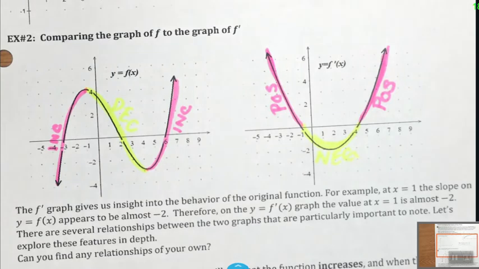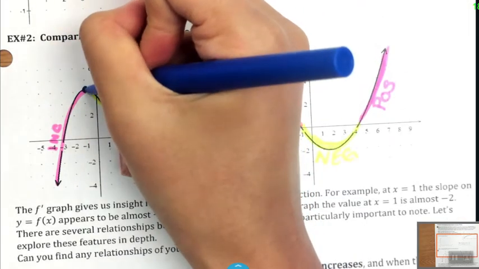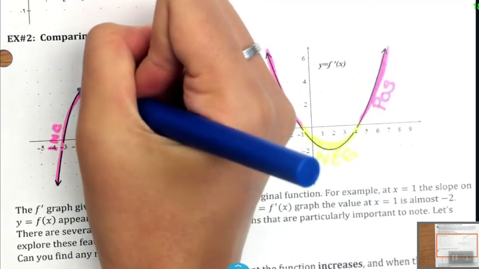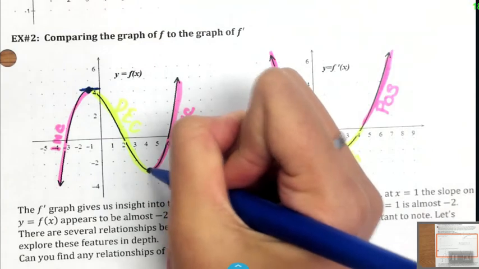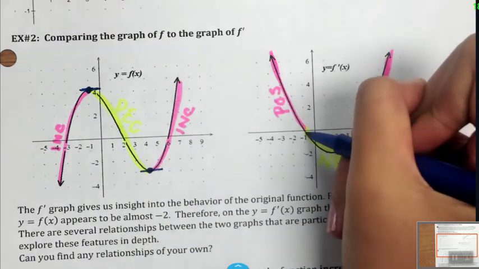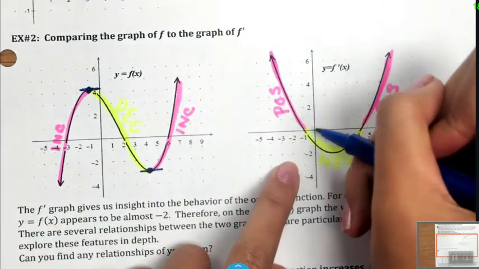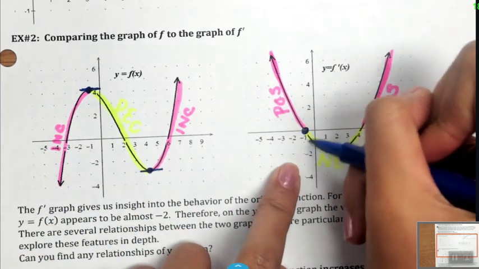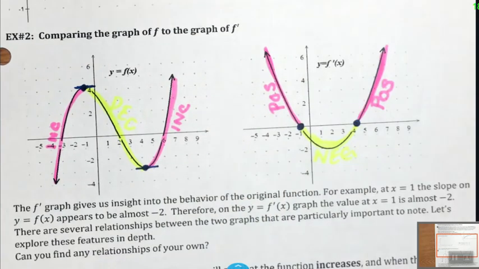All good? Right here, we hit where the slope of the tangent line is 0, right here and right here. So if the slope of your tangent line is 0, then your first derivative should be 0, right there and right there. Okay.